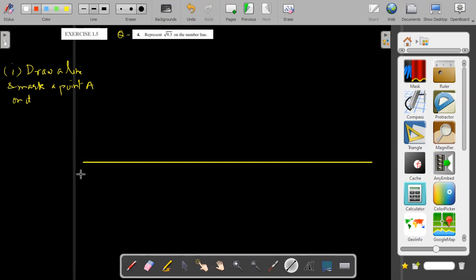This is your starting point A. Mark the point A, the starting point. Then the second step. These are the steps of construction.